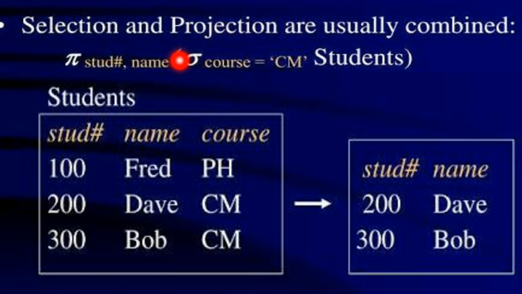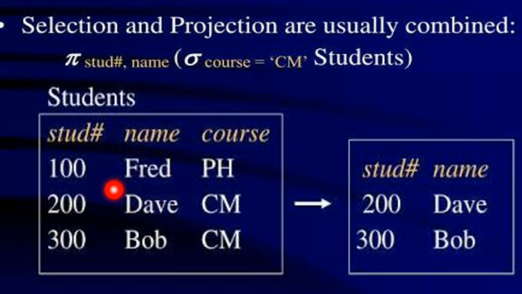Sigma means select. Where the course is CM, that record alone we are going to select. So these two records alone we are going to select, and from those two records we are going to project only these two attributes. Selection means these two records we have selected, but what we display is only these two attributes.